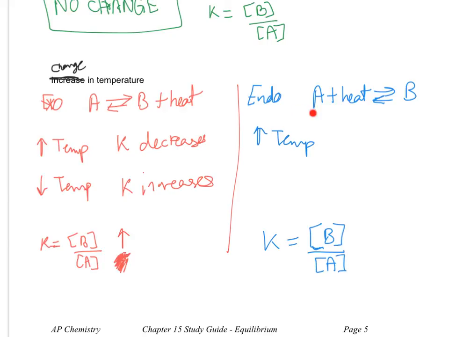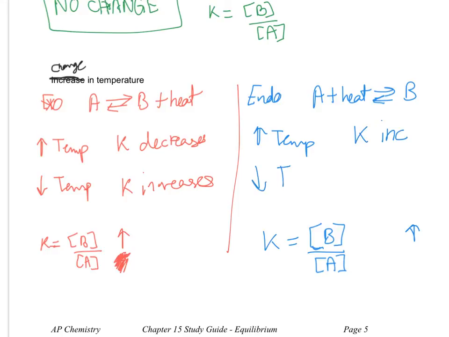If I increase the temperature in this reaction, which way would it shift? Well, if I'm adding more heat, it's going to shift to the right to make more B. So now my B increases, so that makes K higher. So K increases.